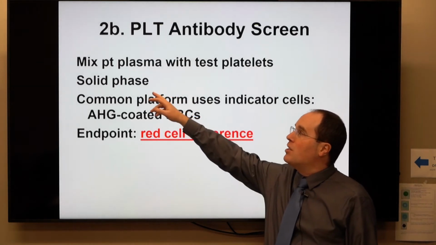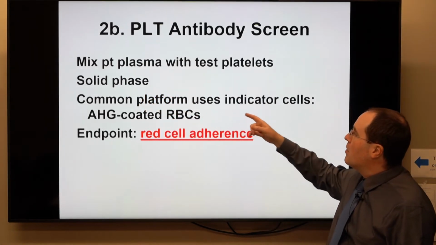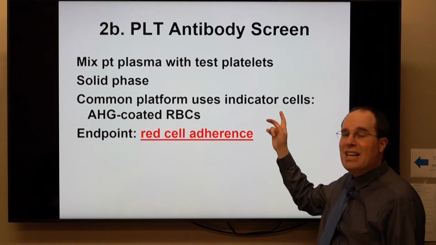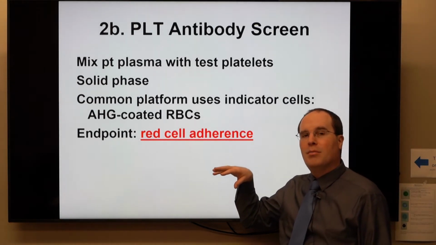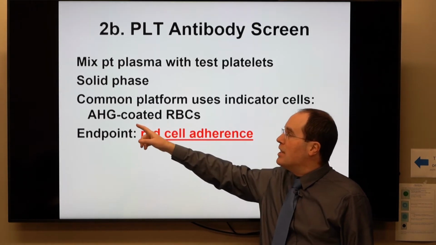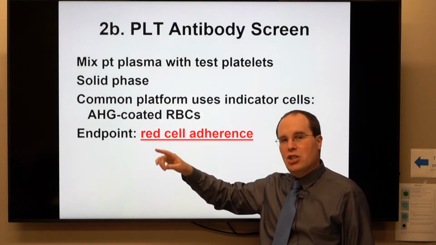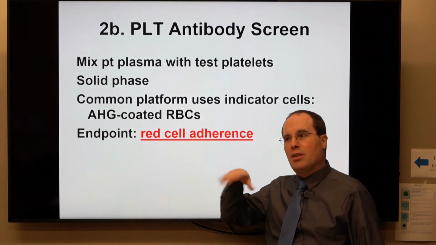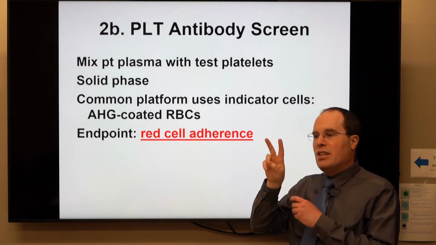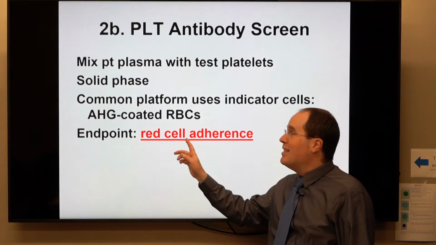And a common way to do this is in solid phase, and a common platform that is popular uses so-called indicator cells, just like with the red cell solid phase platform. So these are AHG coated red cells, right? Anti-IgG coated red cells. So the anti-IgG is outward facing, okay? And the endpoint is red cell adherence.